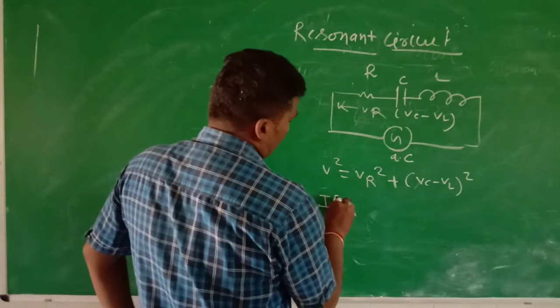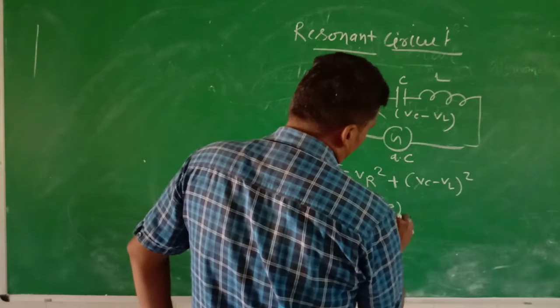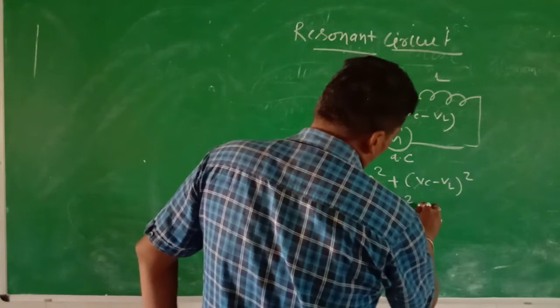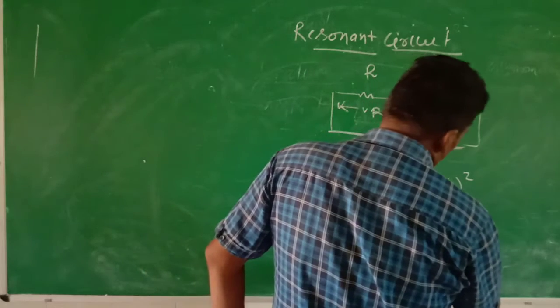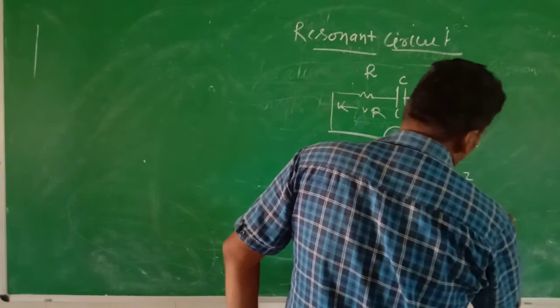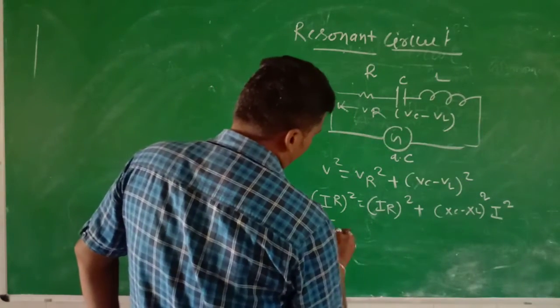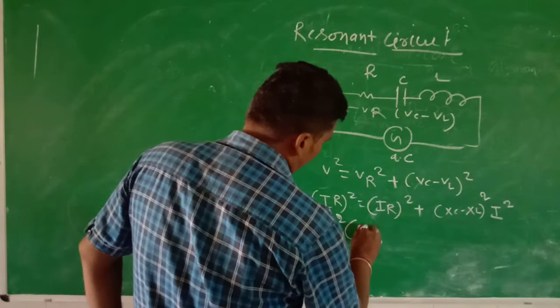Then IR square plus (XC minus XL) whole square, and I square will be common on both sides.